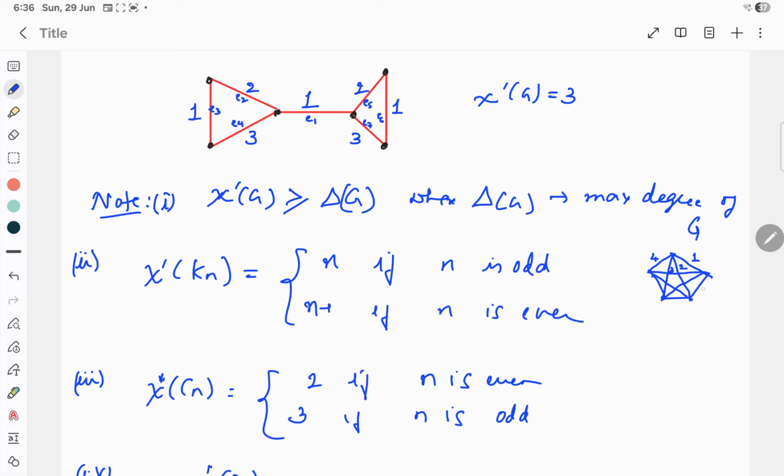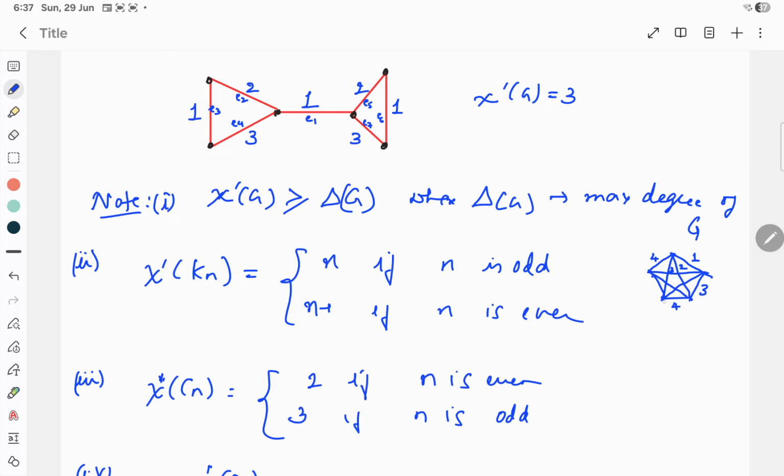This edge is adjacent to 1, adjacent to 2, adjacent to this edge as well as this. So I can take say 4 or 3. I can use the color 3, right? Then this edge is adjacent to 1, adjacent to 2, also adjacent to 3. So I can use 4.